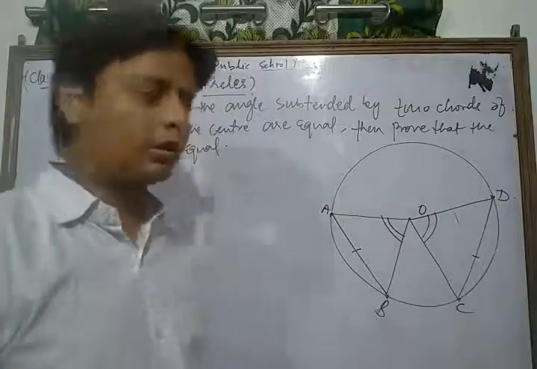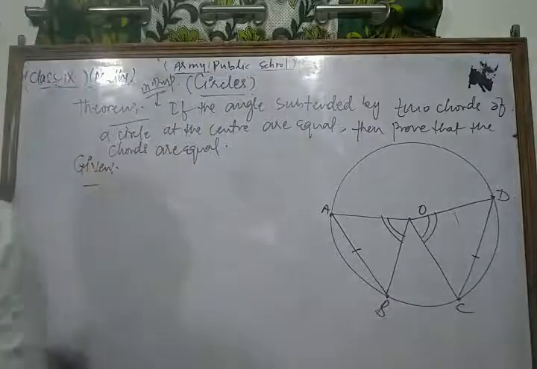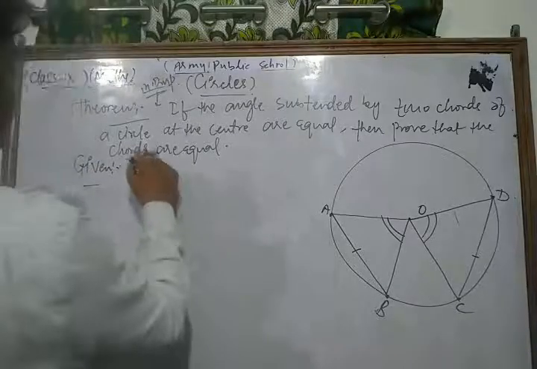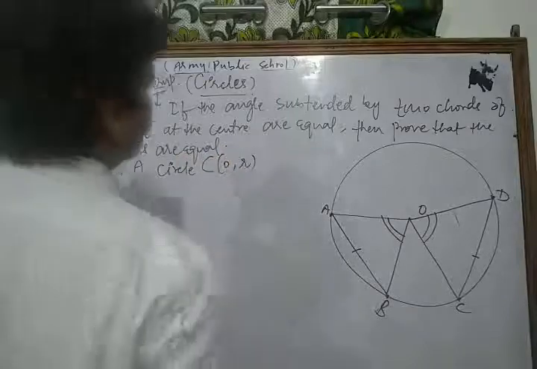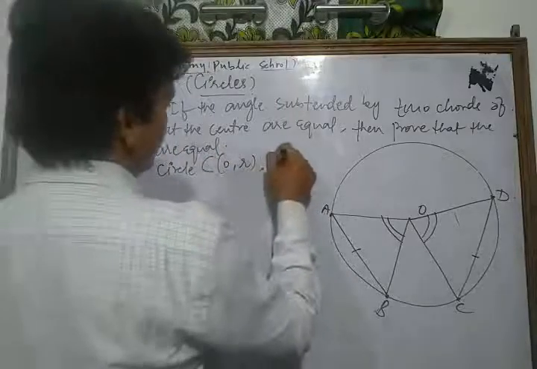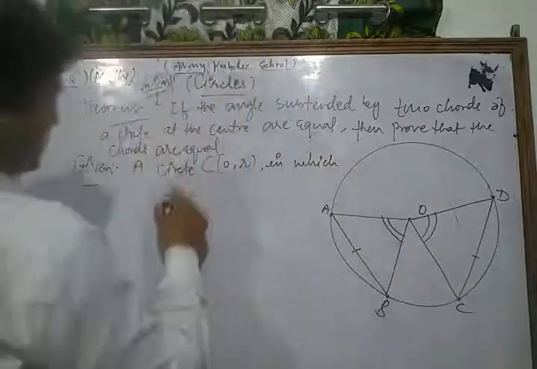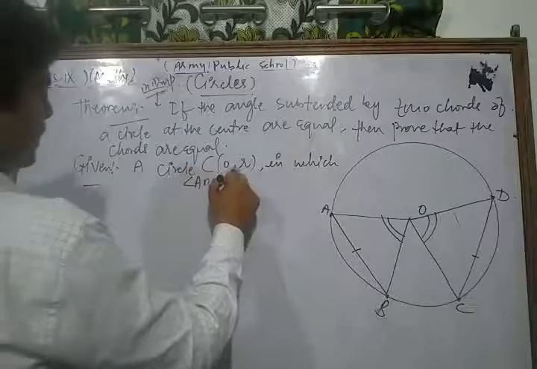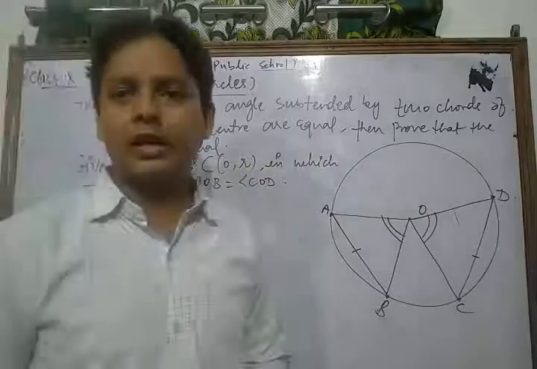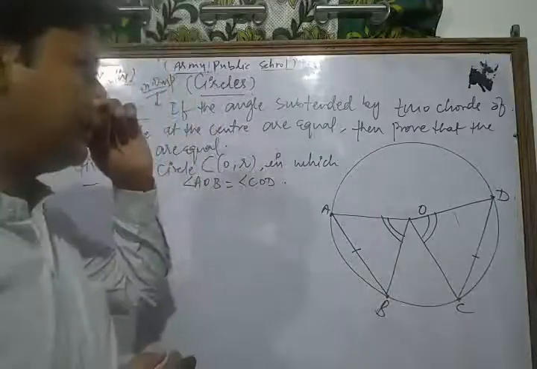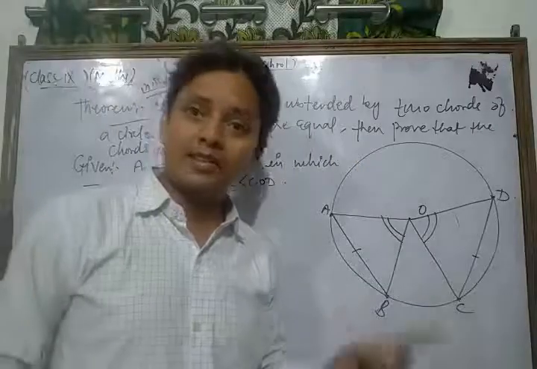This is very important. Now let's see. First of all, we write what is given. In given we write a circle C with center O and radius R, in which angle AOB is the same as angle COD, because in that theorem it is clear that the angles subtended by two chords at the center are equal.